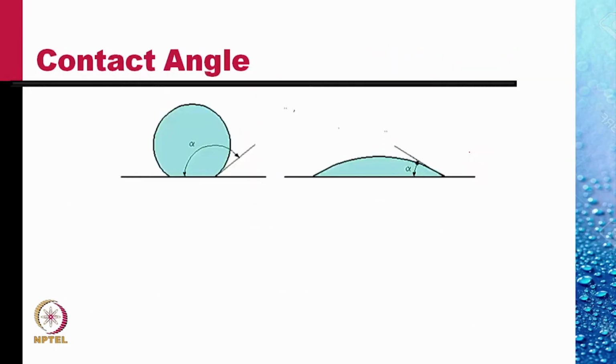We introduce a term, contact angle. Contact angle is the angle that the droplet makes with the surface. So here the contact angle is large, here the contact angle is small. In wetted surfaces, the contact angle is low.